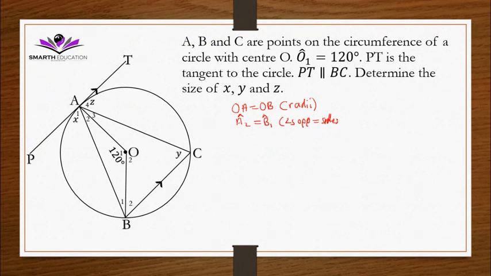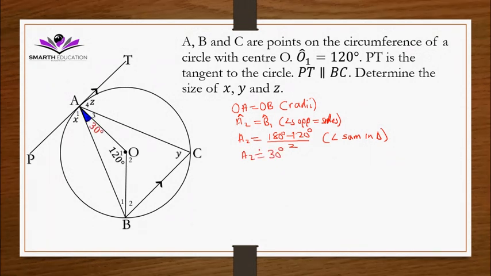So we can find this angle A2 by saying that A2 is equal to 180 degrees minus 120 degrees, divided by 2, because this is the angle sum in a triangle. B1 and A2 are just the same thing. And then we get that A2 is equal to 30 degrees.